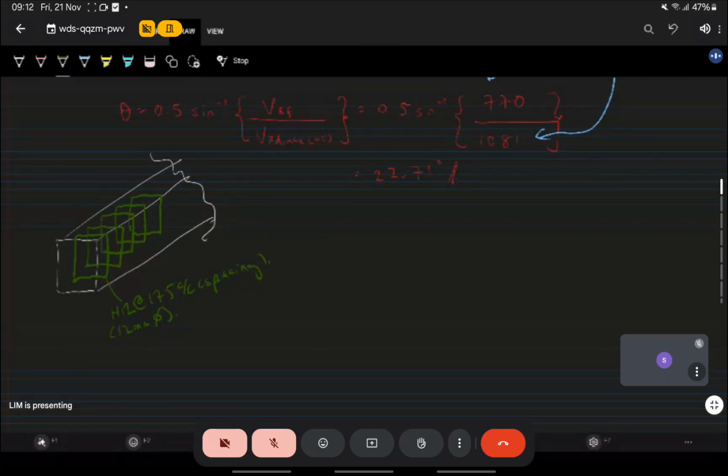This is from the question. I didn't create this. So basically, it's a series of 12 millimeter diameter steel bars bent into rectangle shape. And you place them at 175 millimeter apart.